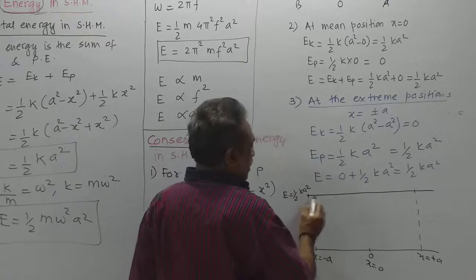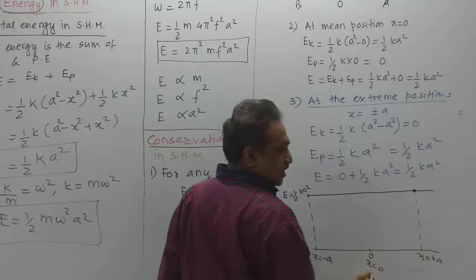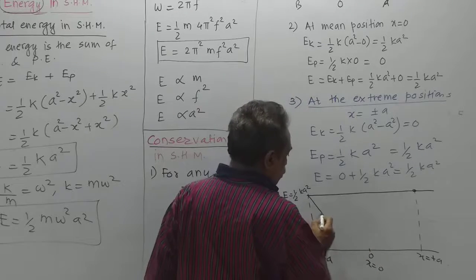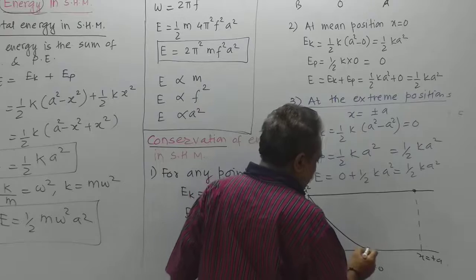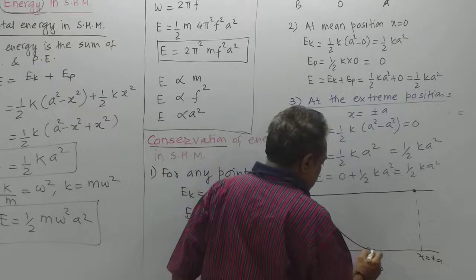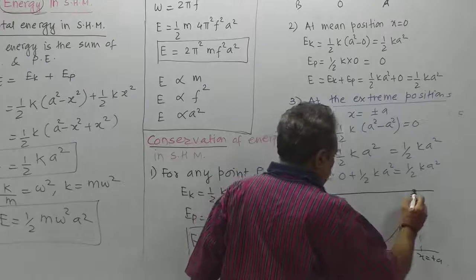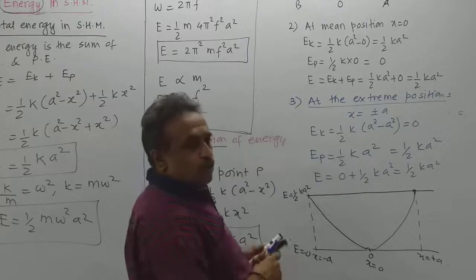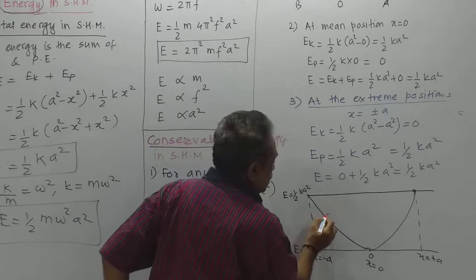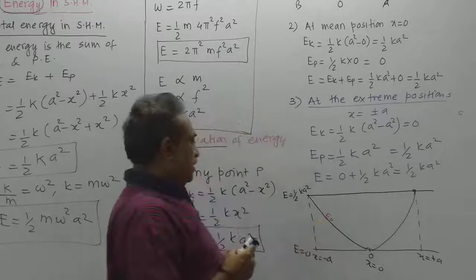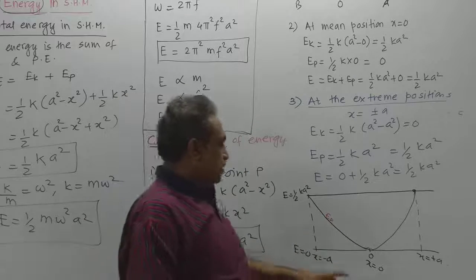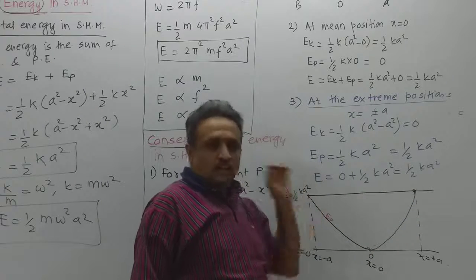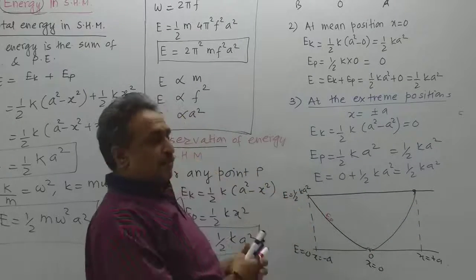At the extreme position only potential energy is present and at the mean position potential energy becomes 0. It is a parabolic curve like this. This graph shows the variation of potential energy Ep with respect to position.